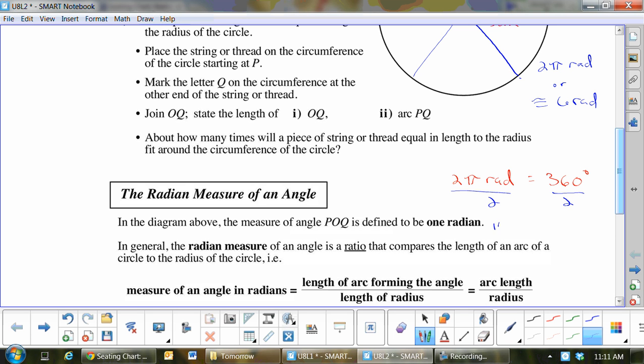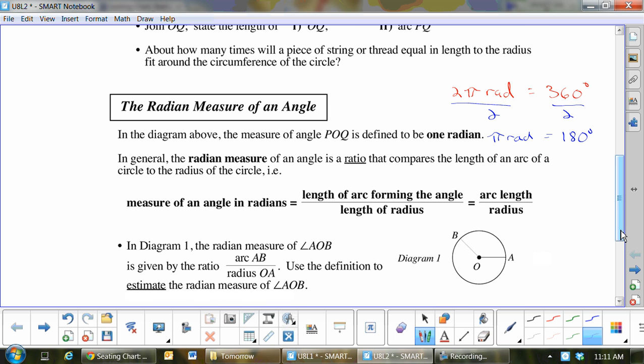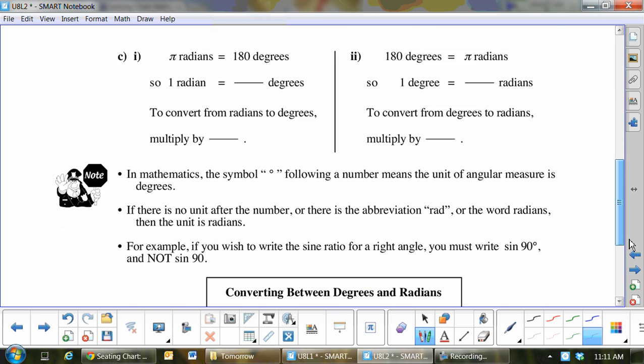So I get pi radians equals 180 degrees. So if I want radians, I could just turn to the next page and go down to the very, very bottom.